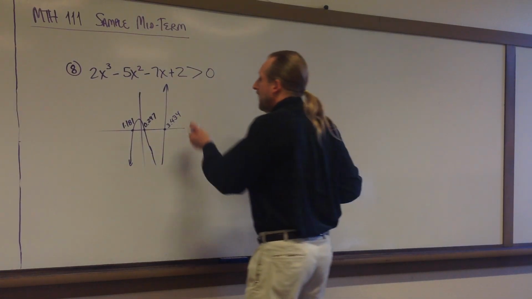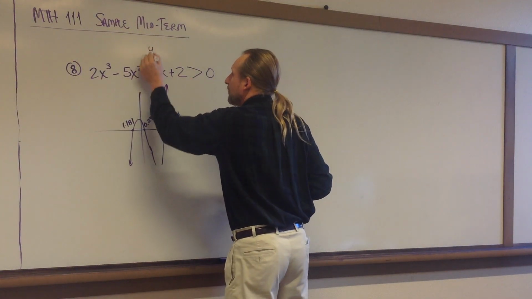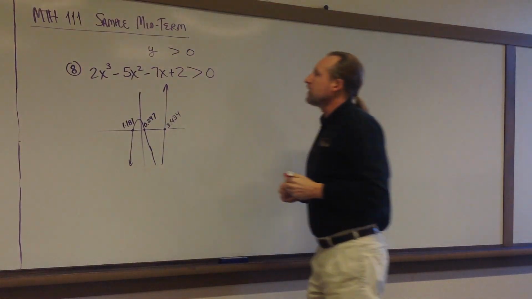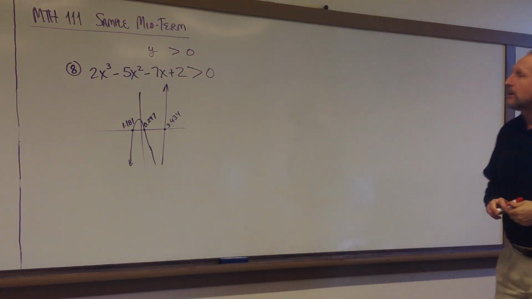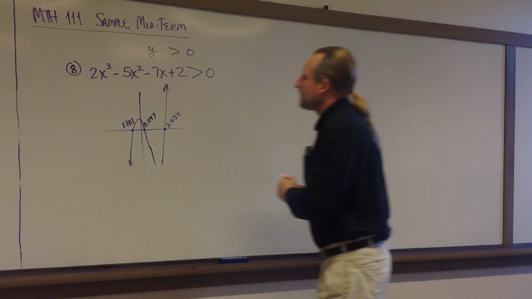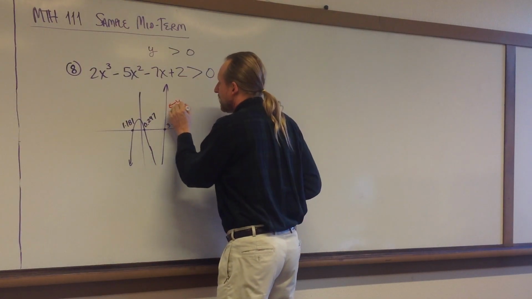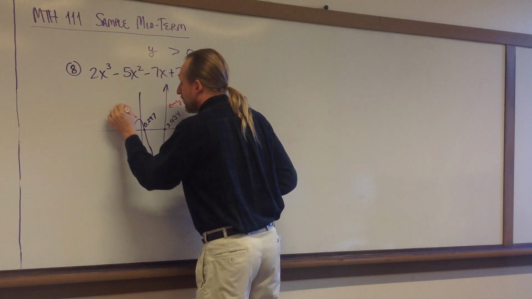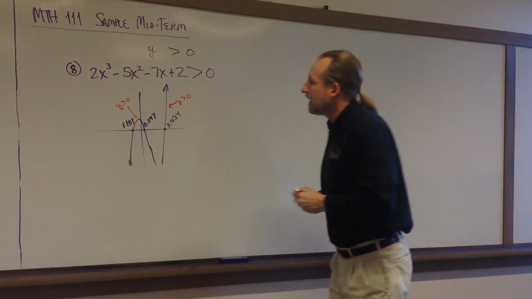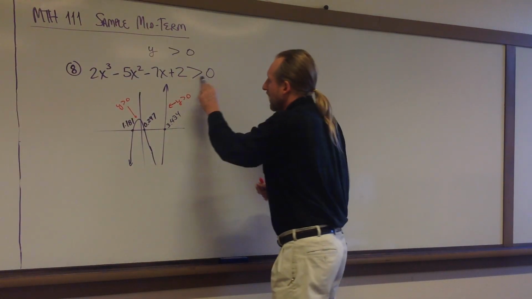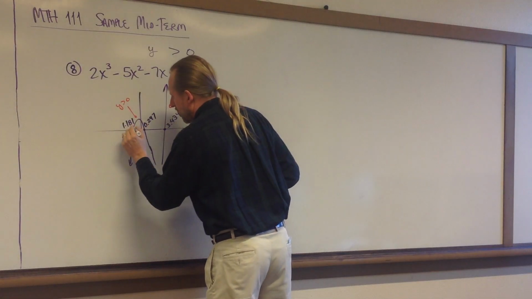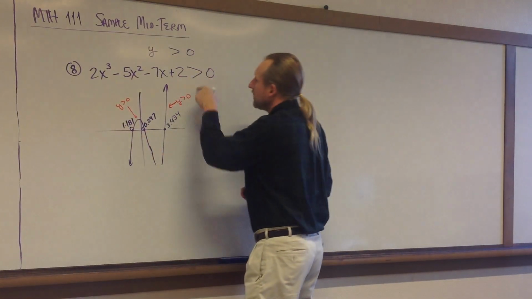What we want to answer is, where is this thing, which we've graphed as y, where is y greater than 0? Okay, well, you can see y is greater than 0 here, and y is greater than 0 here. So we're going to have an open circle, since there's no equals to here.